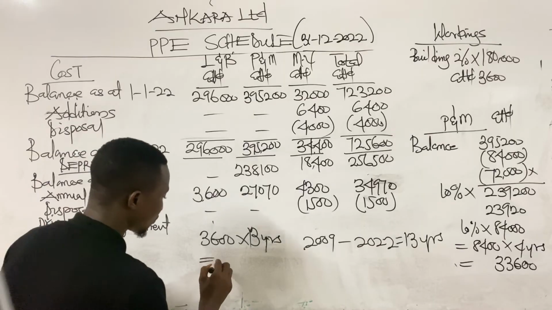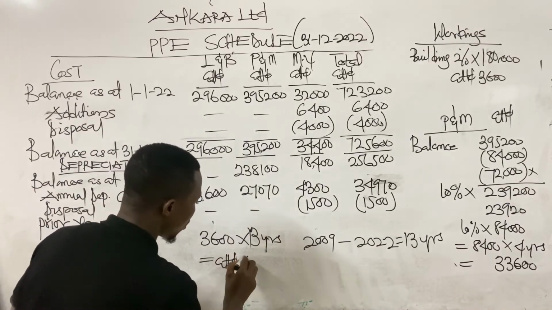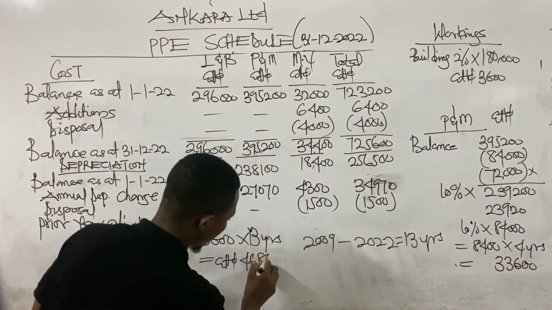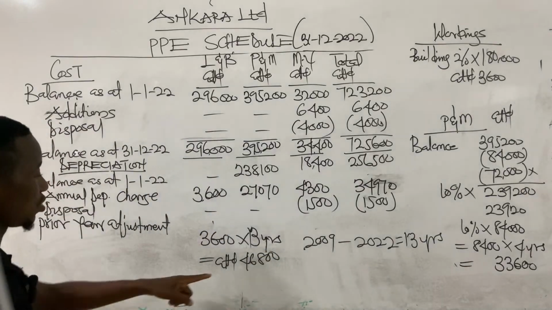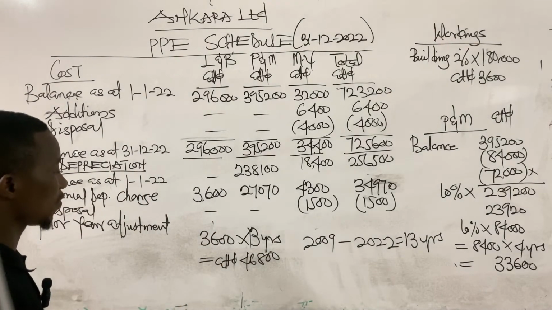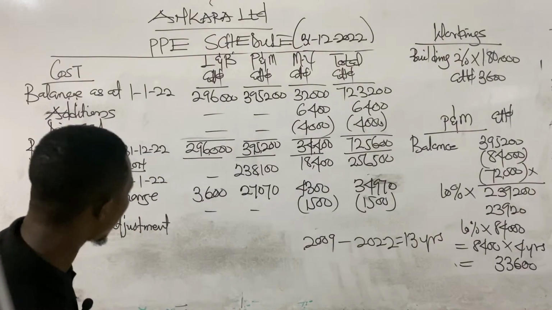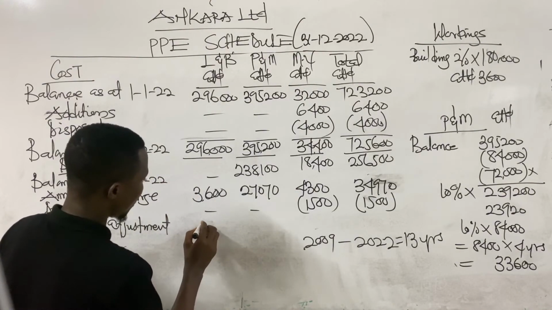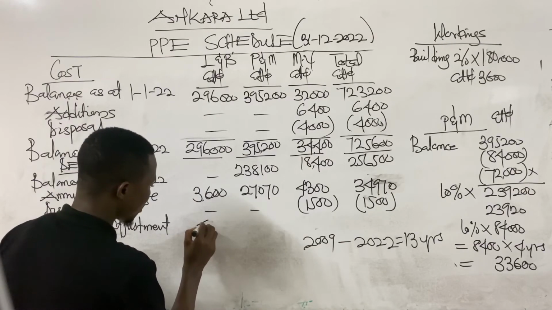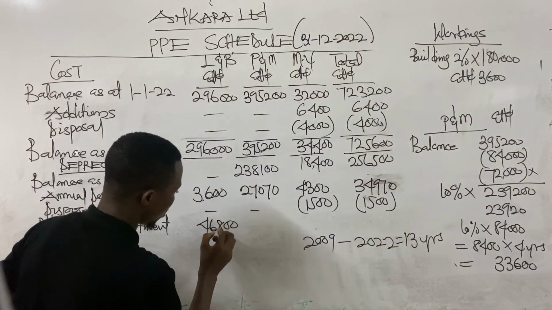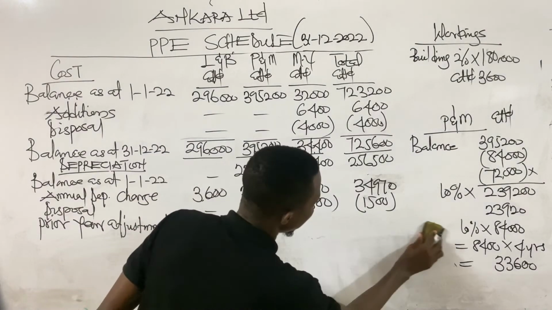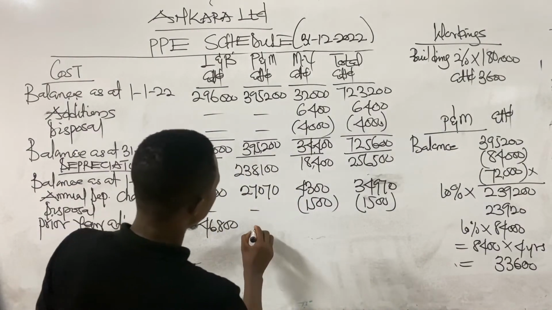And this will give us 46,800. So this will be the prior year adjustment for building, 46,800, and there is no prior adjustment for the rest of the assets.